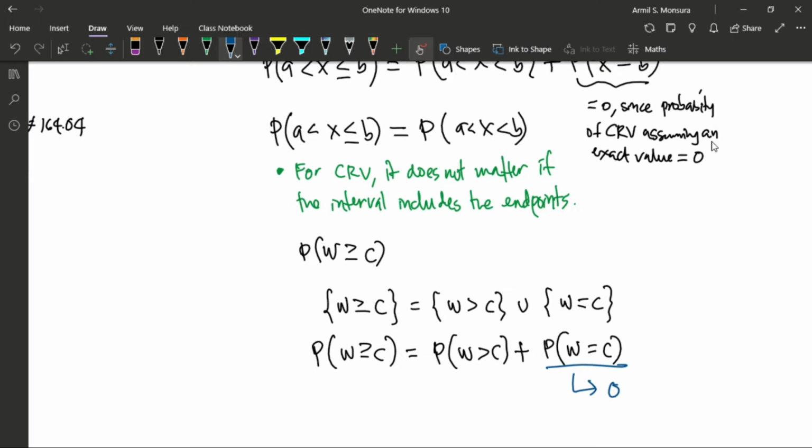Again, the probability of a continuous random variable assuming an exact value is 0. Therefore, it doesn't matter whether the endpoint is included or not. The probability is the same.